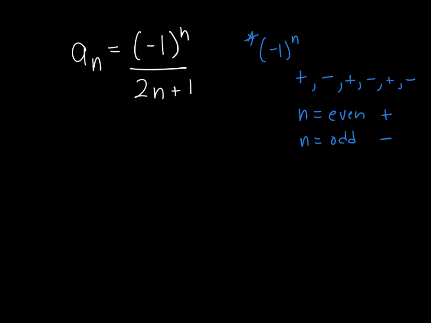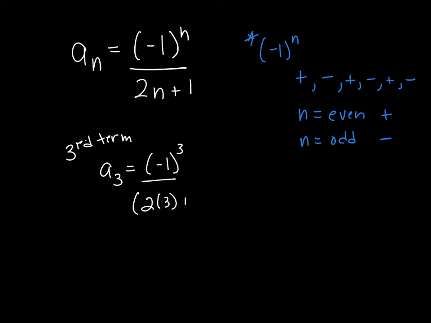So if I want to find the third term, then the third term would equal -1 to the third power all over 2 times 3 plus 1, or -1 in the numerator. In the denominator, this gives me 6 plus 1, or 7.